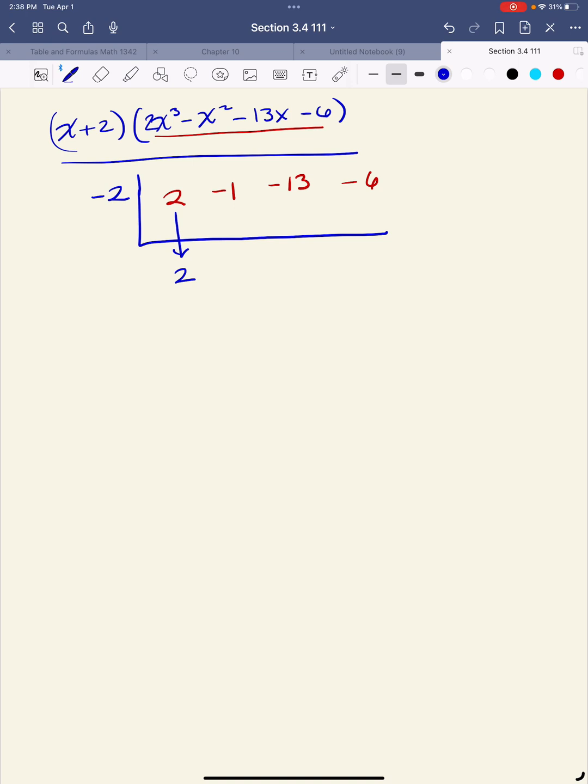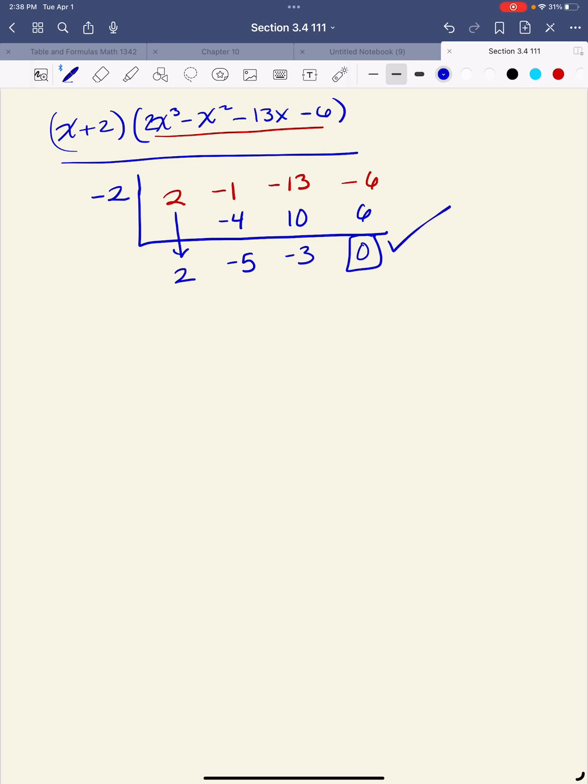And I've got -2 times 2 is a -4, which gives me -5. -2 times -5 is a positive 10. -13 plus 10 gives me a -3. -2 and -3 gives me a positive 6. And we know this gives us 0, and we're happy. We like it.